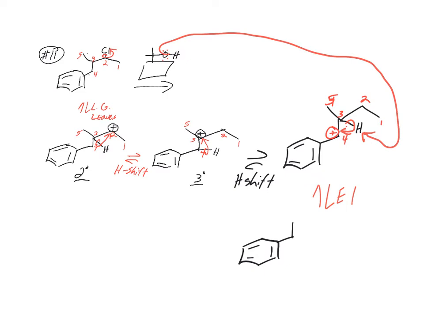E or Z? E. We want a more substituted alkene, right? Things like to be away from each other. Z, same side, is bad. Z is higher in energy, right? So pick E. So that E alkene.